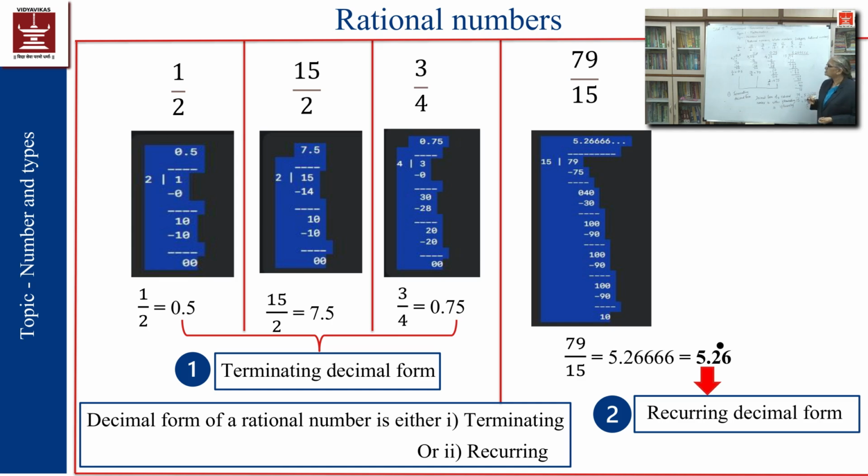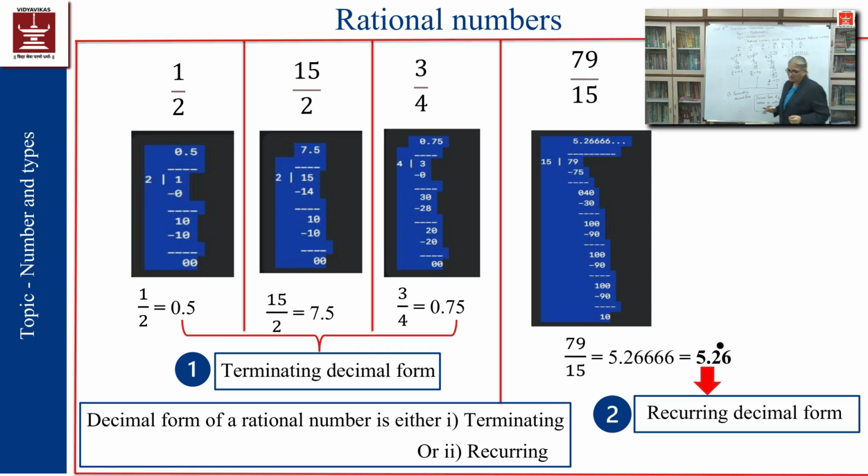Let us see one more example. Rational numbers are those numbers whose decimal form is either terminating or recurring. Remember this. I am not going to clean this part from the board. We will see a few more examples where we can confirm that the decimal form of the rational number is either terminating or recurring.